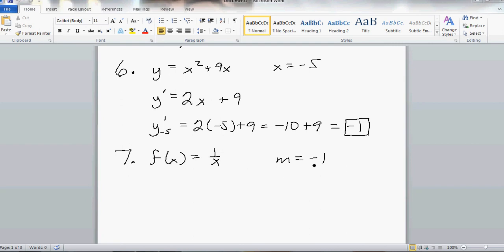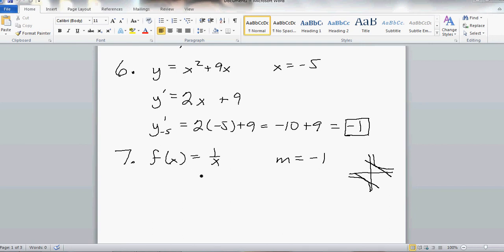Now, if we think about what 1 over x looks like, that's the reciprocal function. And so just very quickly, we're going to go like that and like that. That's more or less what the reciprocal function looks like. So where would they have a slope of negative 1? Well, about right there and there. So there appears to only be 2 places where that's going to occur. There's not a whole bunch, but we have to find both of them.